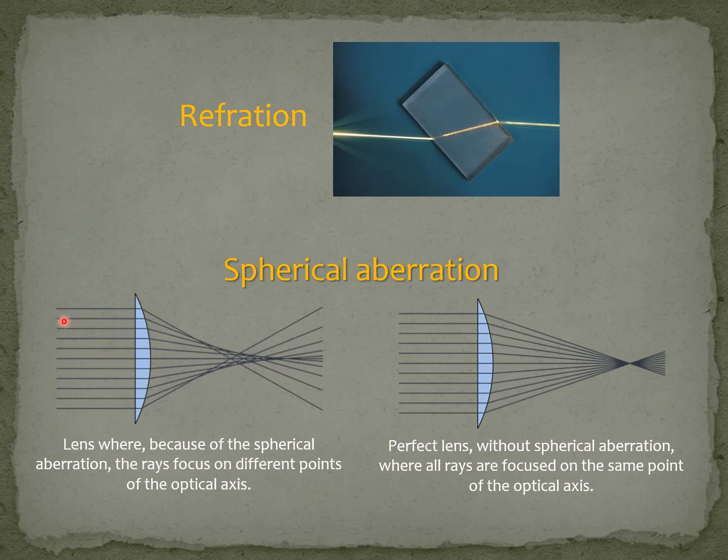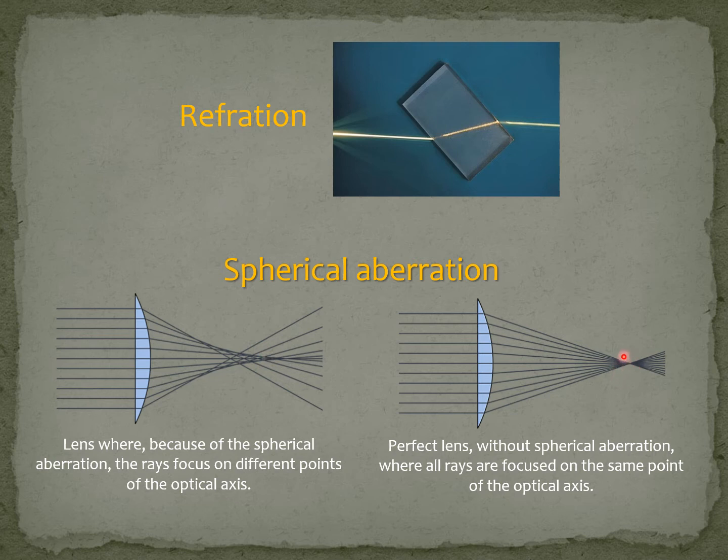When we have light coming through a lens where one of the sides is plane and the other one is convex, each ray can be refracted at a slightly different angle. They're not all refracted the same way, so the rays are not all focusing on the same spot.